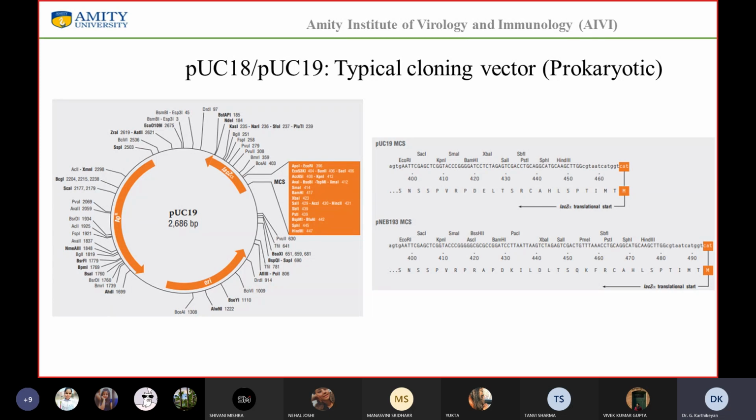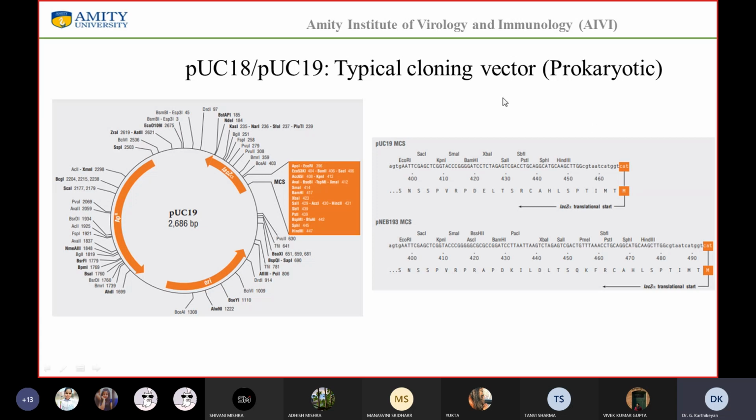There are several reasons why you want to make a clone. A cloning vector typically has three very important components. One is the origin of replication, which makes the gene cloning vector replicate inside the bacterial cell.